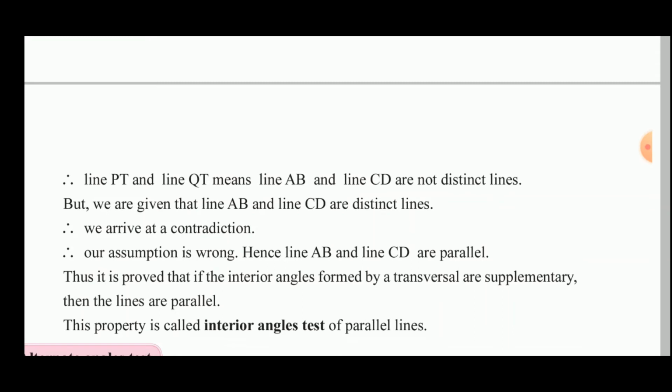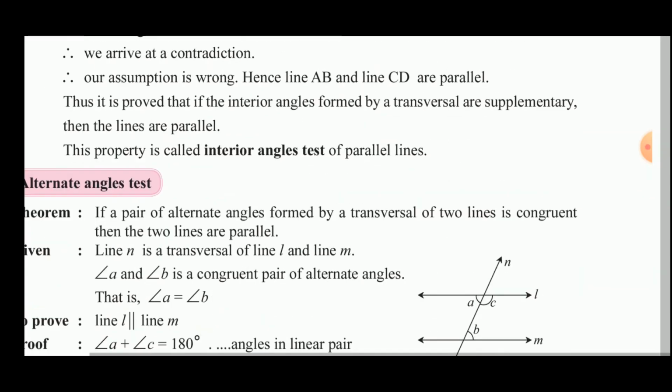But we are given that AB and CD are distinct lines. So we arrive at a contradiction. So our assumption is wrong. Hence AB and line CD are parallel. Thus it is proved that if the interior angles formed by a transversal are supplementary, then the lines are parallel. So this property is called the interior angle test of parallel lines.